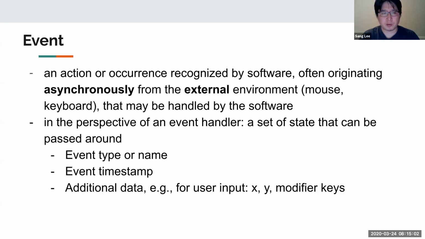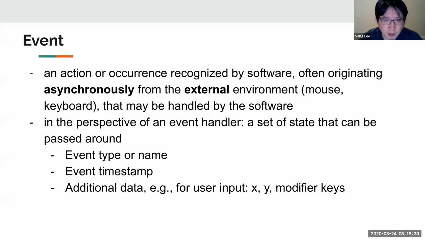So we're going to look at events. We learned events in the context of web programming, and in general, an event is an action or occurrence recognized or observed by software, often originating asynchronously from the external environment. That means when you click a mouse, that's the event, and it's going to impact something in the software, and it should be handled by the software.